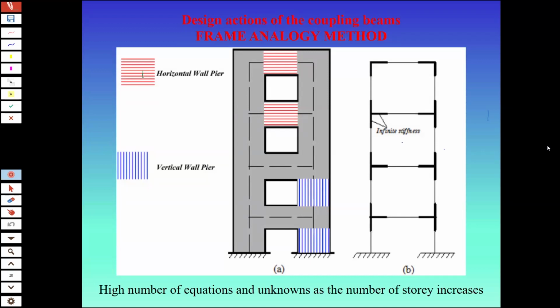Well, basically, you pick up your shear wall and you identify vertical wall piers and the coupling beams. Vertical wall piers are blue and the coupling beams are red. And you model it as a frame.